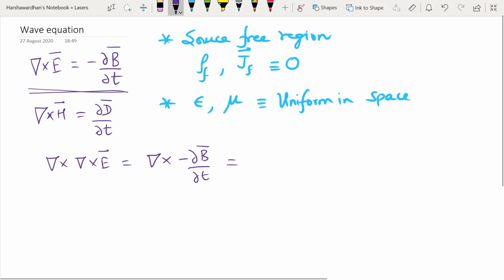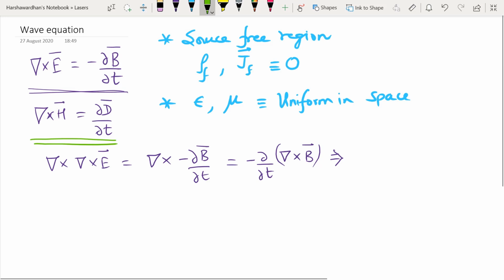So I can interchange the sequence in which these operations happen. So I can write this equivalently as minus dou by dou T of del cross B. Now you will see that if I want to rewrite this equation in terms of the electric field itself, I have to use the second equation, which is the Ampere's law, to go ahead.